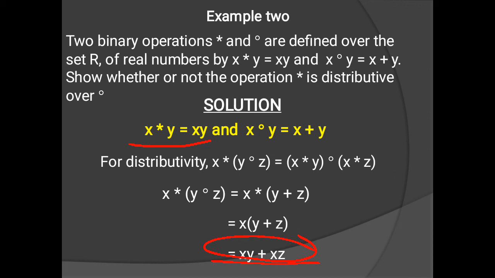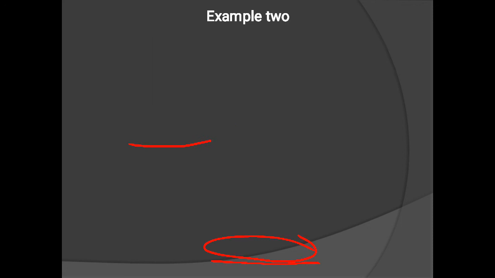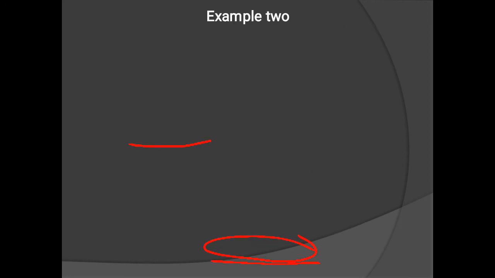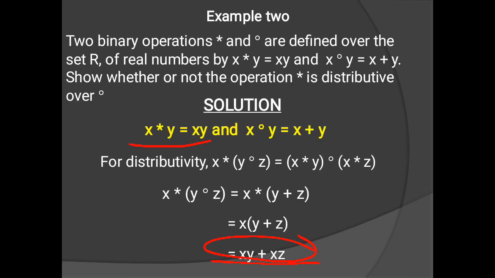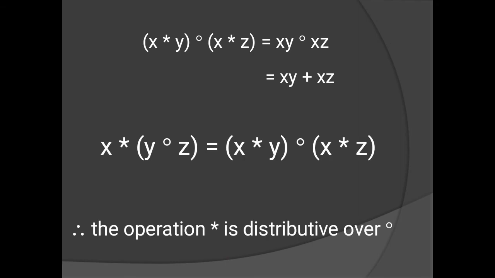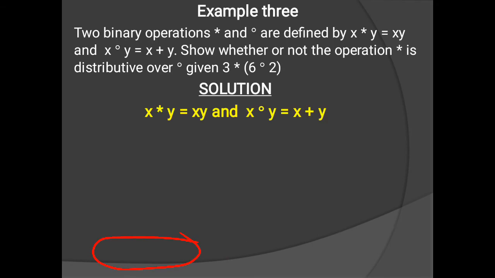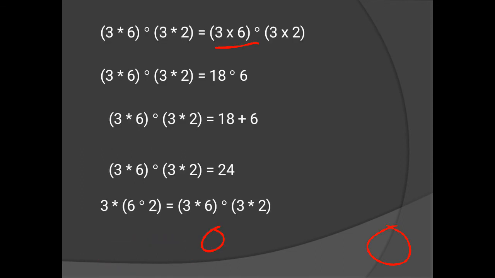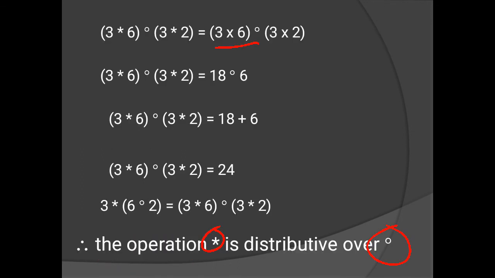And then in example 1 it was not, because they were two different answers. All right. Okay, so now this is distributive because we had the same answers, 24, 24.